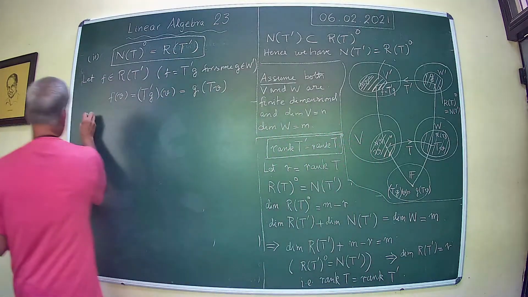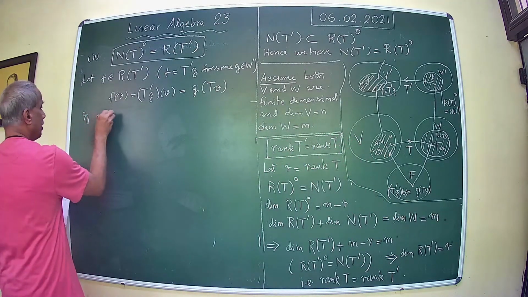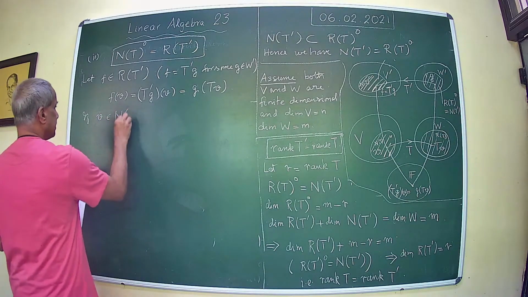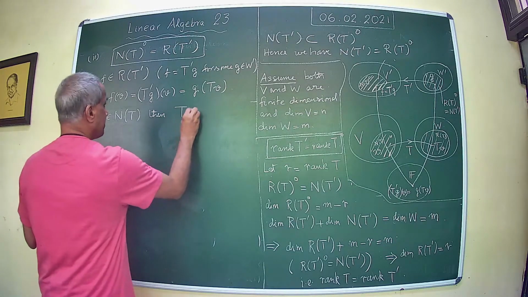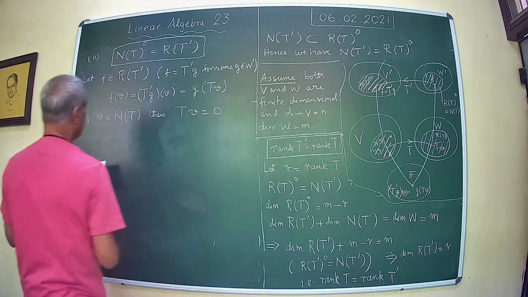If V belongs to the null space of T, then TV equal to 0.